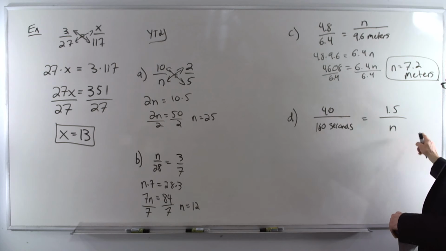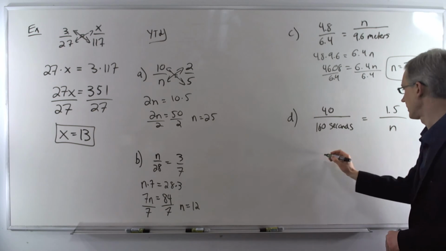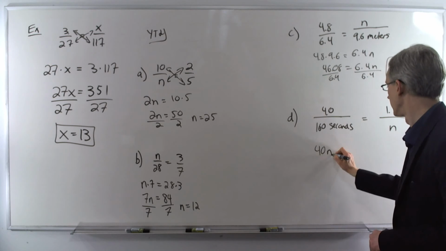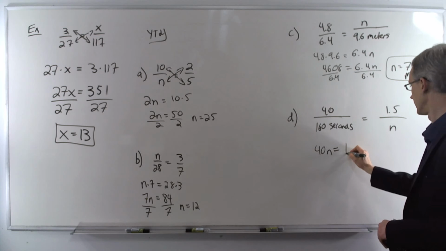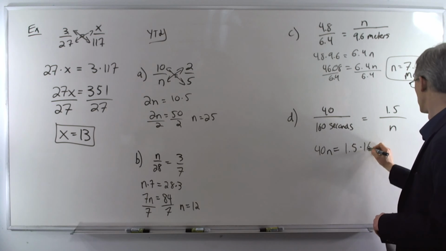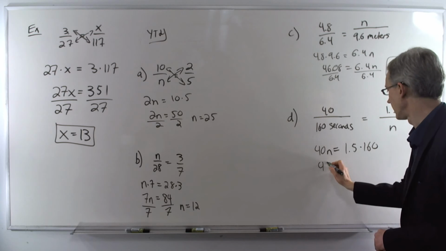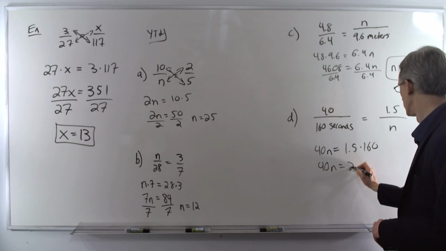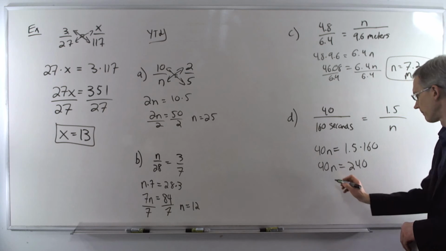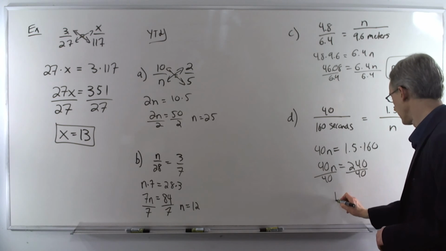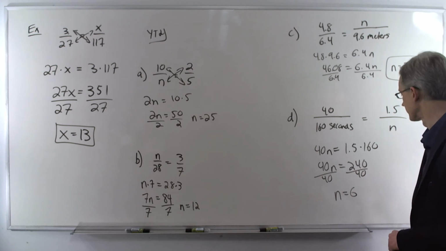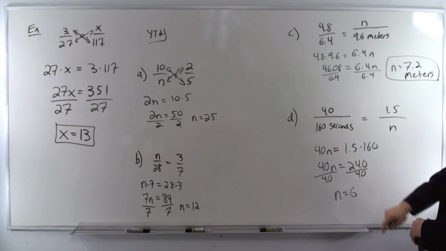All right, last one. Cross multiply here. We're going to get 40 times n, or 40n, equals 1.5 times 160. So that gives us 40n equals 240, divided by 40. And we get n equals 6. 6 what?